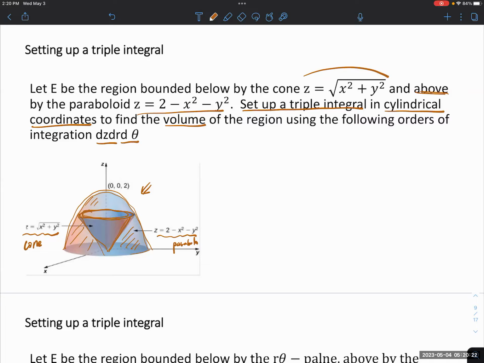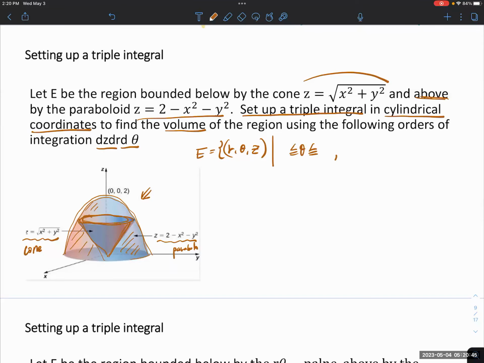Okay, step-by-step work. We need to find the region for r, theta, and z. That means we're going to find the theta interval, then the radius interval, and then the z interval.